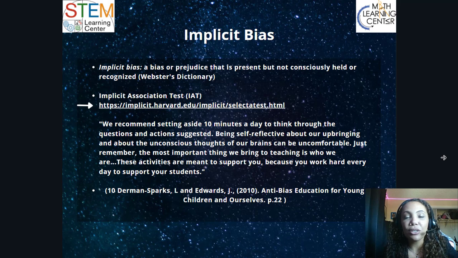These activities are meant to support you because you work so hard to support your students." And I couldn't agree any more. It's really just to give you an idea of any unaware biases that may be present, and once there's awareness there, you can change, right? We can work towards getting better.